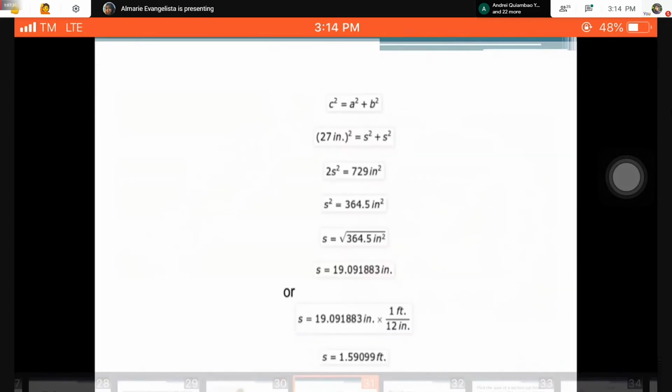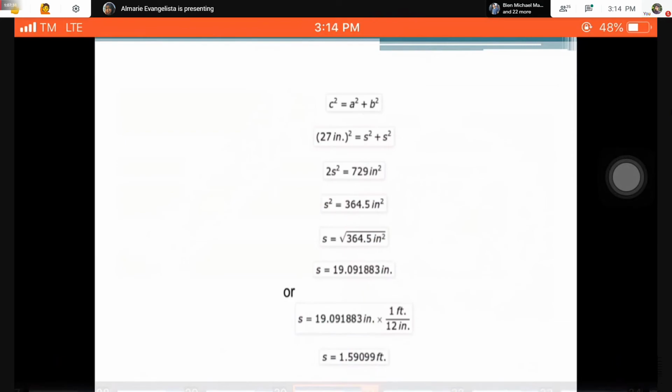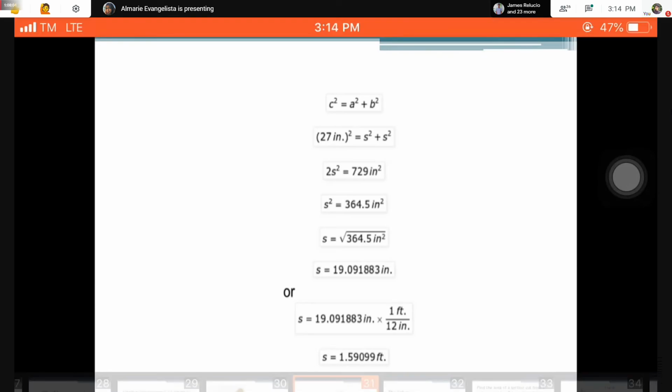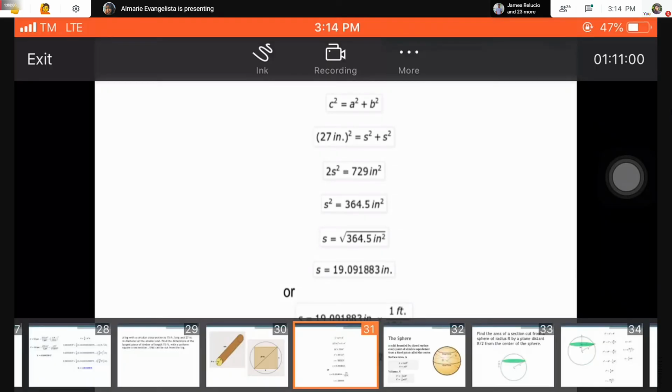Hindi ko lang siya nasama, pero mamaya edit ko na lang. Yun yung pinakasagot, pero yung pinaka-process niya is eto. Kukunin mo lang yung S. Since dalawa yung S, magkapareho silang dalawa. So, 1.59 feet times 1.59 feet times 15 feet, which is yung length ng log. Sana gets nyo.